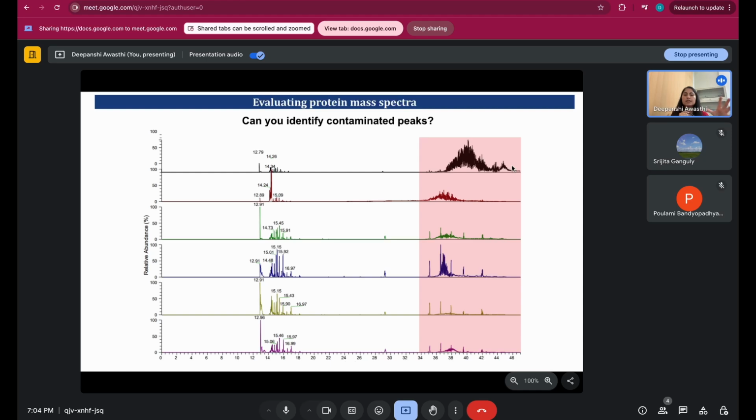This could be a contamination, because in chromatography, whenever elution happens, if multiple peaks are coming in the end, that means something other than that particular peptide is also present in the spectra. So there is contamination, and we should avoid these peaks and not consider them.